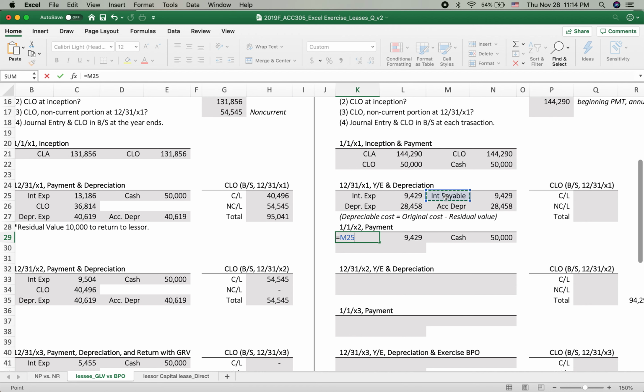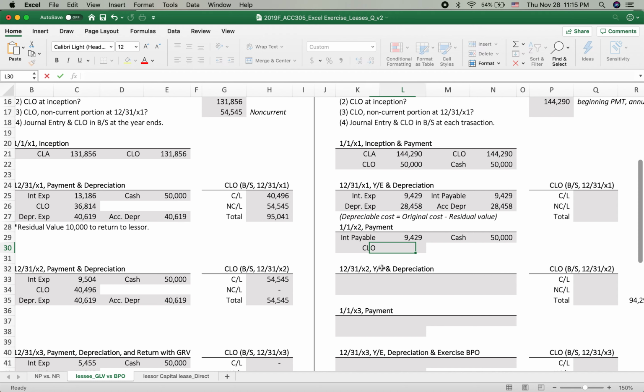Then we just get rid of this interest payable, because we paid this $50,000. Then what is the difference? The cash payment, $50,000, contains interest and principal, right?